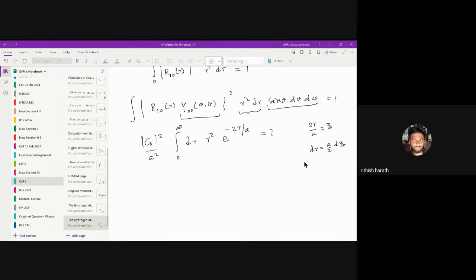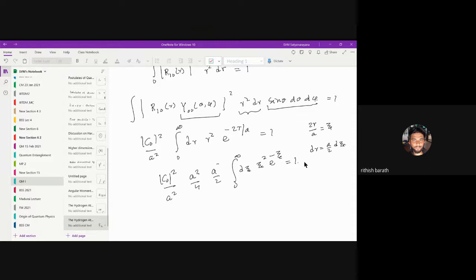So that is a by 2 d psi, and r is equal to a by 2 psi. So C naught square by a square into a square by 4, and of course 1 by 2a, integral 0 to infinity d psi psi square into e to the minus psi is equal to 1. But this is a gamma function, gamma 3, which is 2.